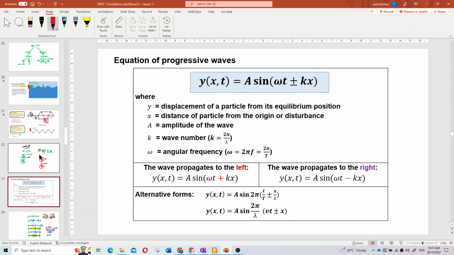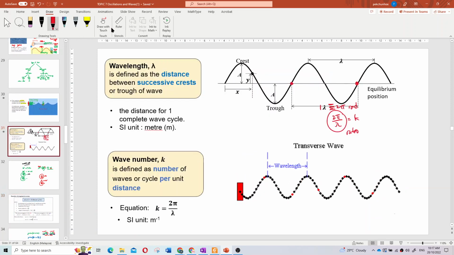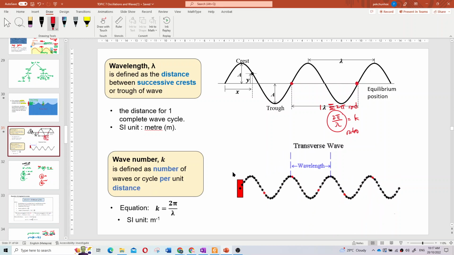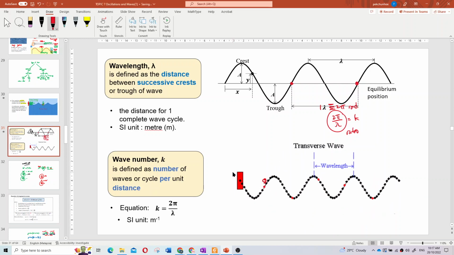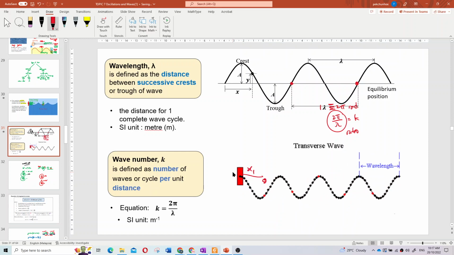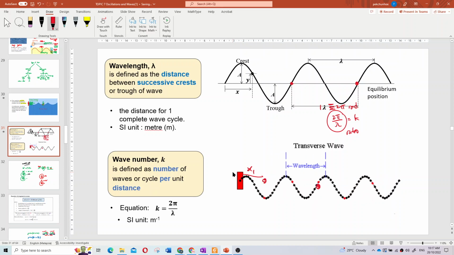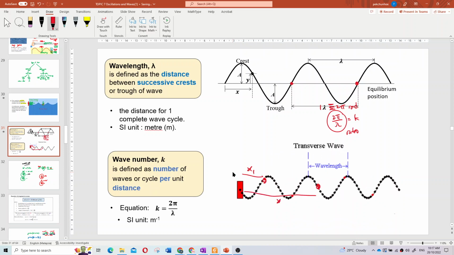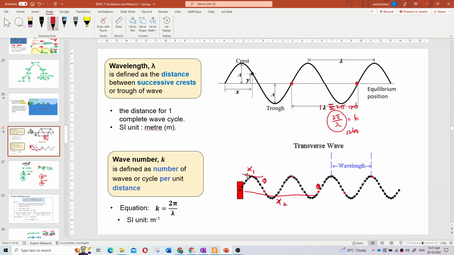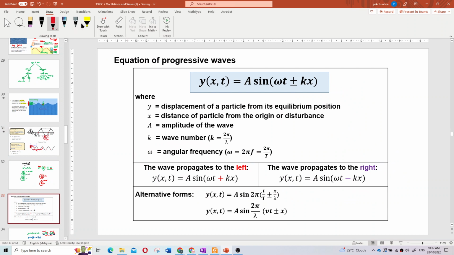What is x? X is like, for example, I want to talk about this particle here. This particle is x1 distance away from the source of disturbance. I want to talk about this particle. This particle is x2 distance away. So x is to show the distance of the particle from the origin.